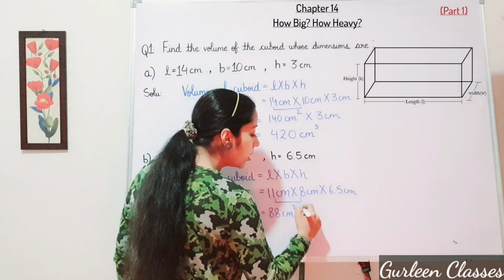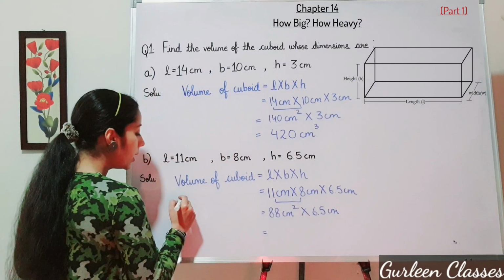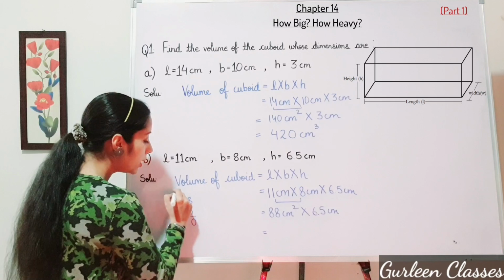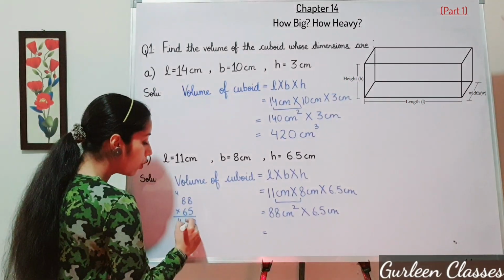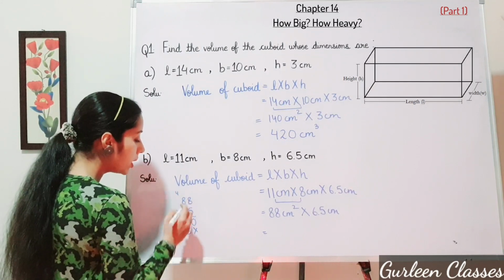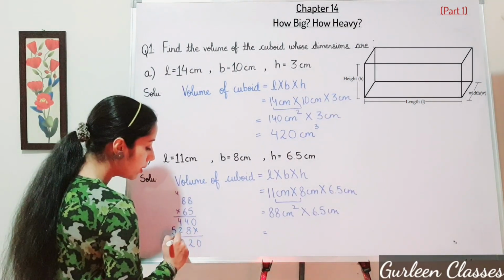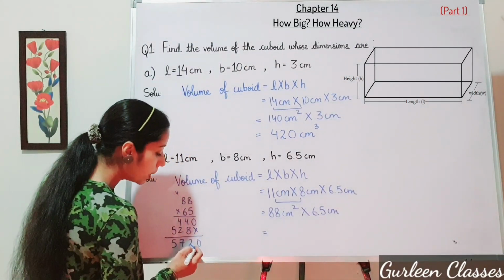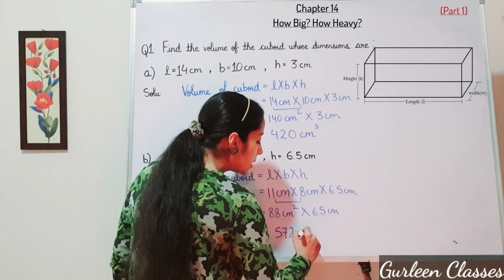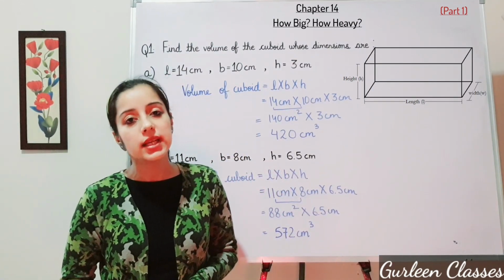Then 6.5 centimeter. Now let us multiply 88 into 65. 5 eights are 40, 40 plus 4, 44. 6 eights are 48, 48 plus 4, 52. 0, 2, 7, 5. And here the decimal point will come. So the answer is coming 572 centimeter cube. So volume of cuboid is equal to 572 centimeter cube.